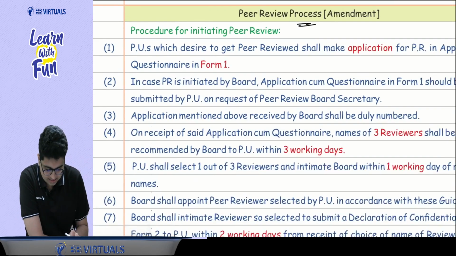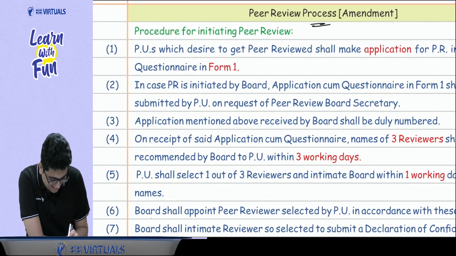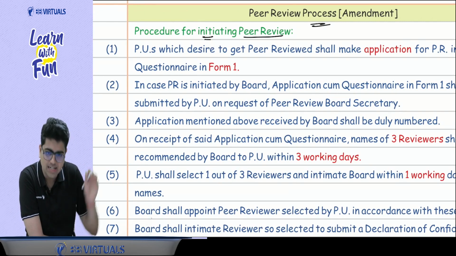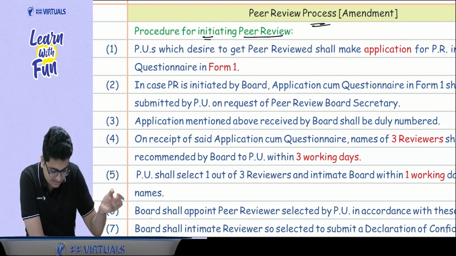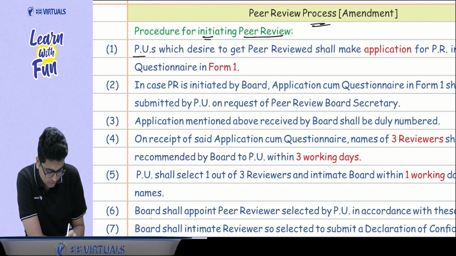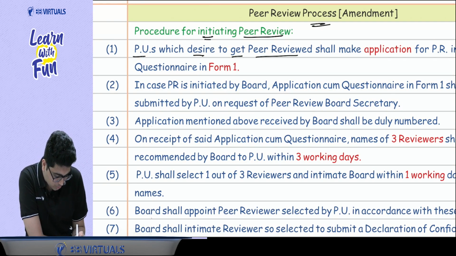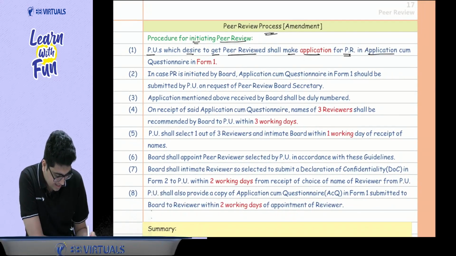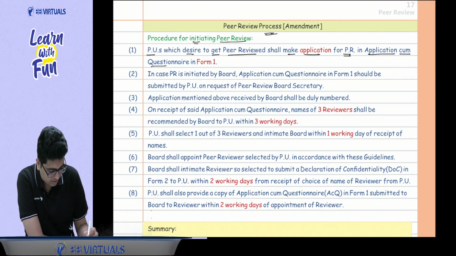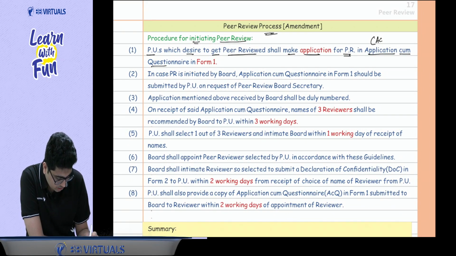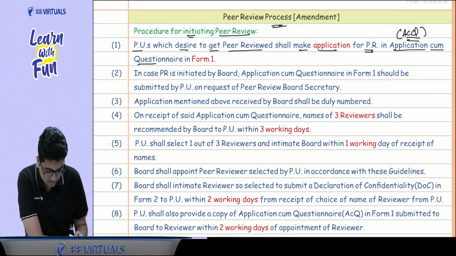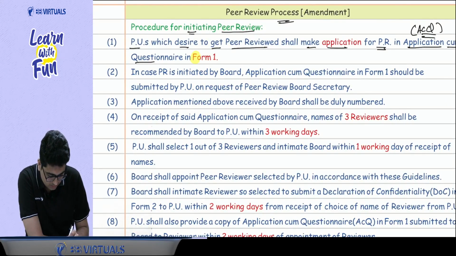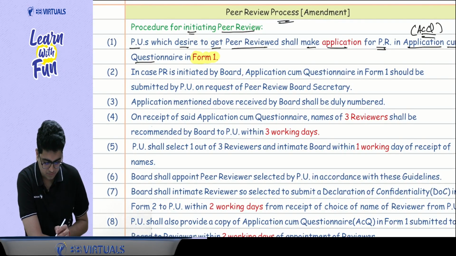So it says, procedure for initiating the peer review. That is where the peer review gets started. Practicing units which desire to get the peer reviewed, okay, they shall make the application for peer review in an application cum questionnaire. We will call it ACQ. The format of application cum questionnaire is form number 1.